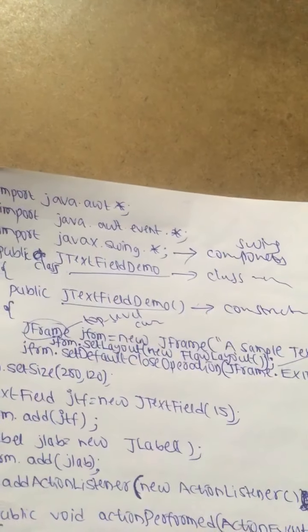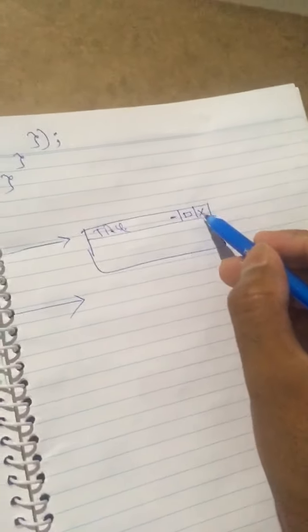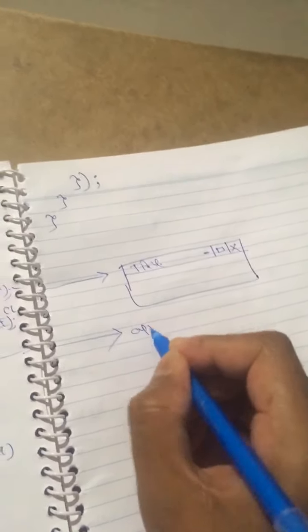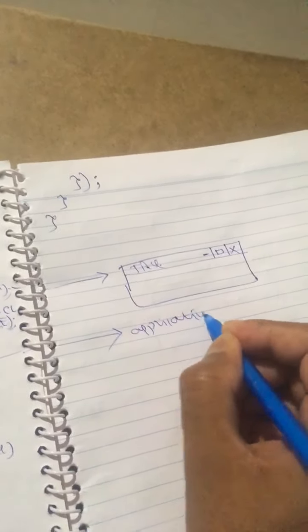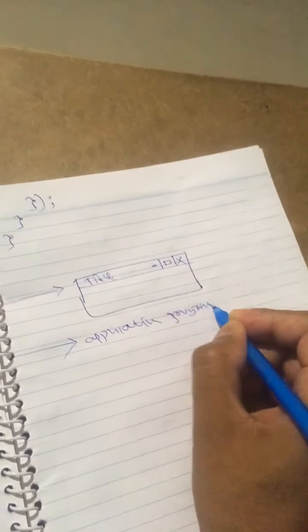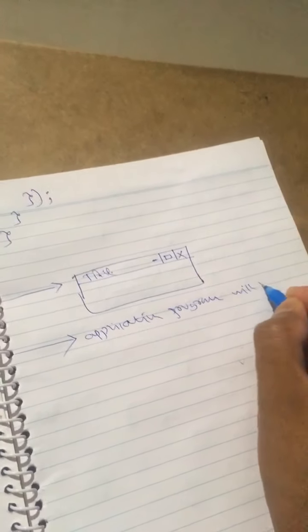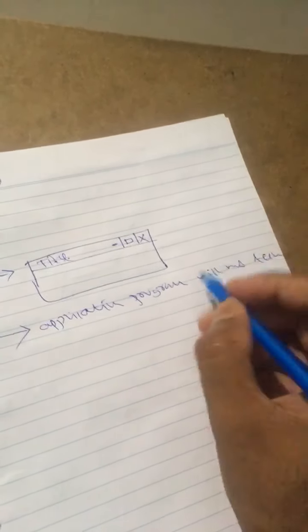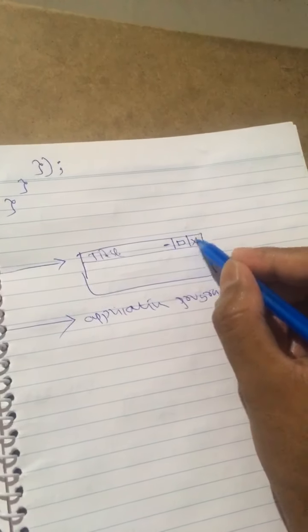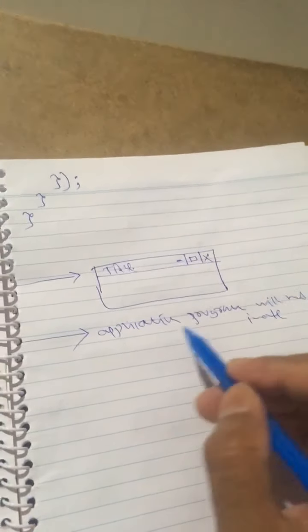Why are we using this line? When the user closes the window, in some cases the application program will not terminate. When I close the JFrame window, the entire program will not close.